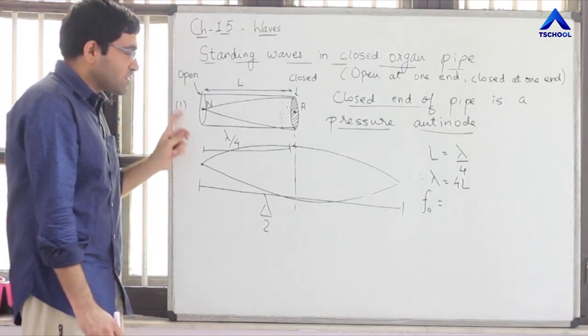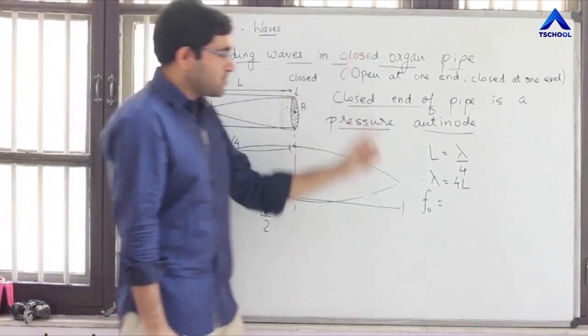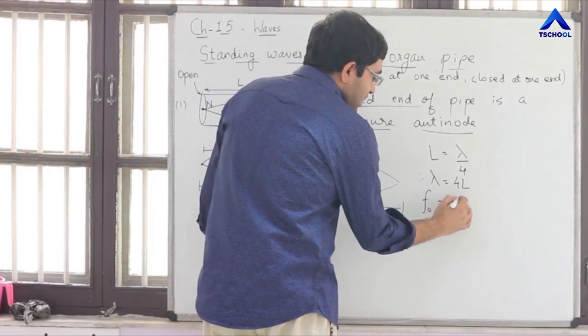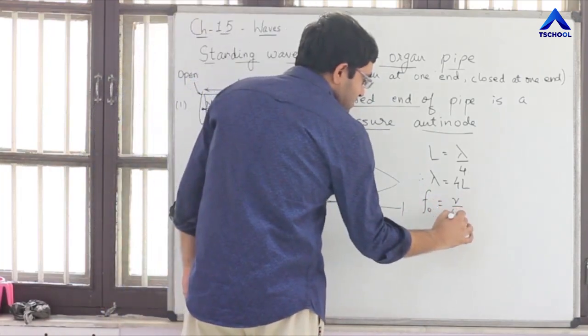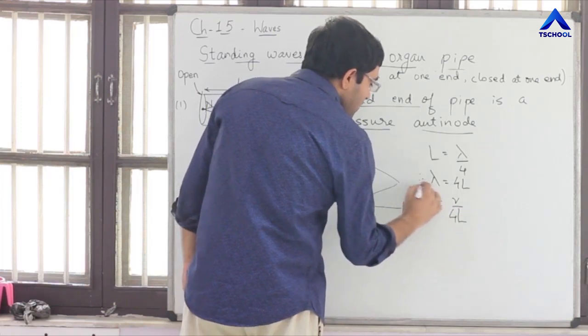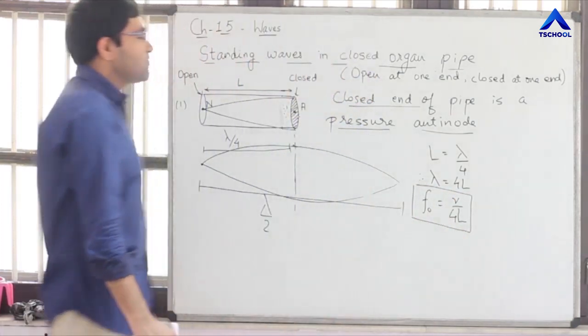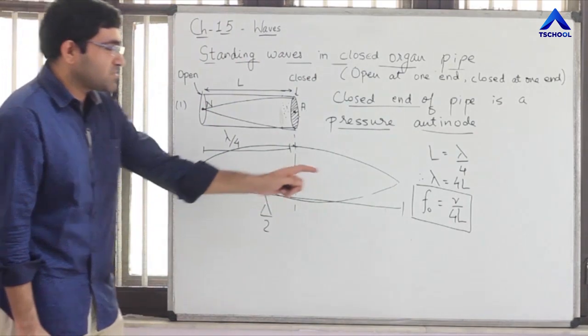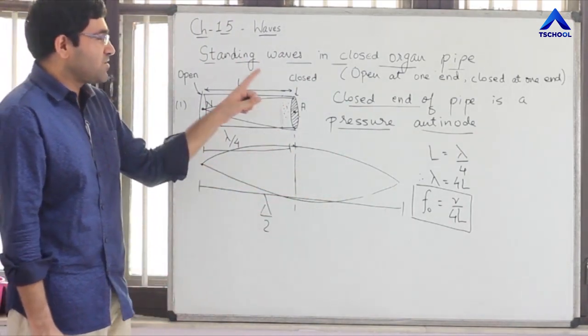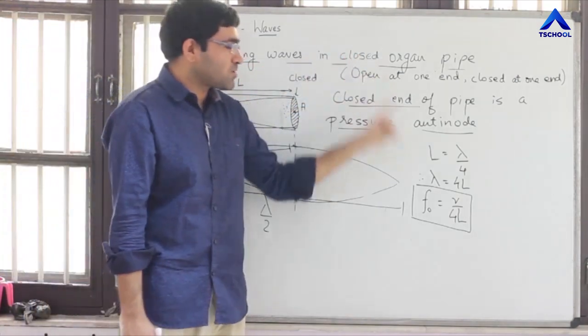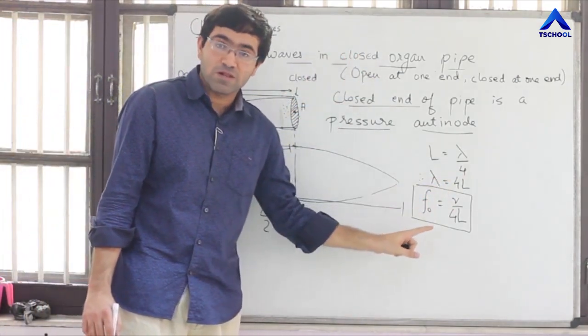F is V by lambda, and lambda is 4L. So the fundamental frequency of a closed organ pipe is F0 equals V by 4L.